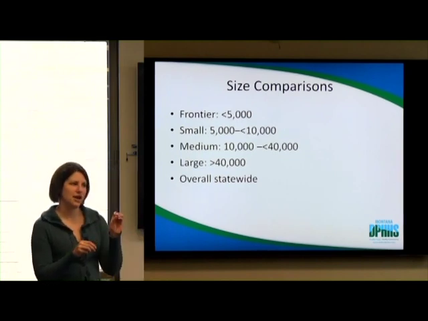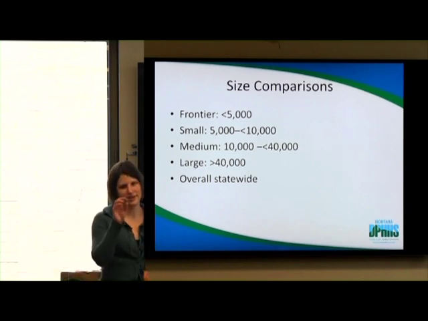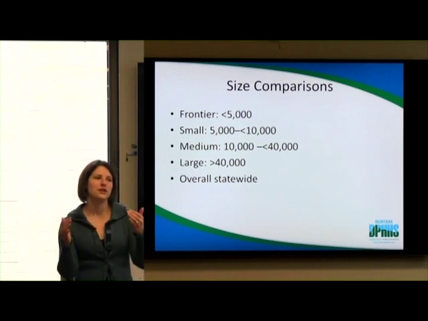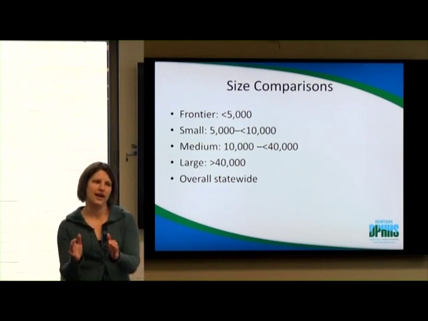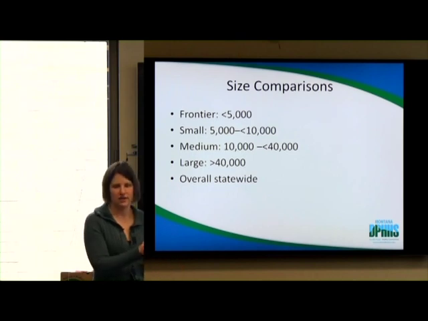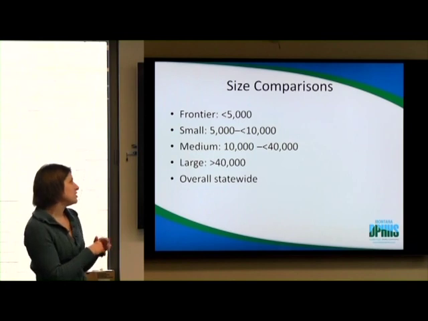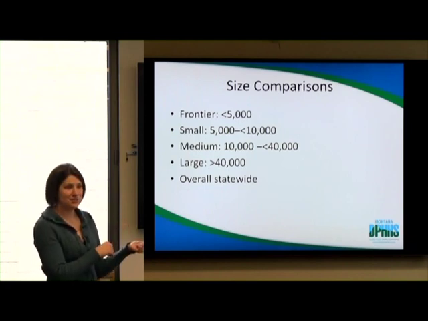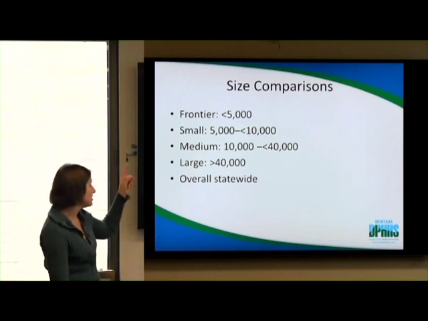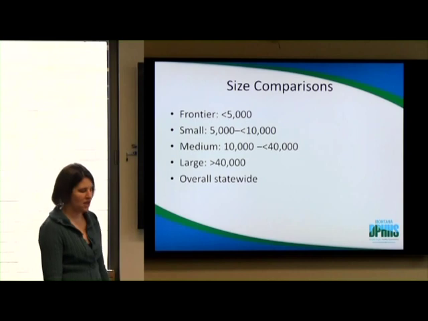Of course, we never name names, like this is Mineral and this is Ravalli. We didn't do that. We just said among frontier counties, this is what it is on average, and this is your rate for whatever county you're looking at. That's just how we grouped them. So frontier counties was less than 5,000 people for total population, and then so on from small, medium, large. And then, of course, we looked at the whole state, too.